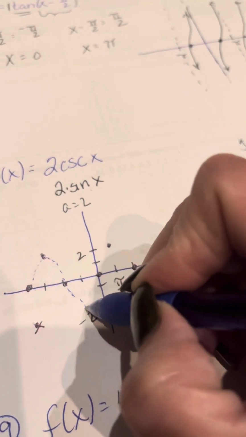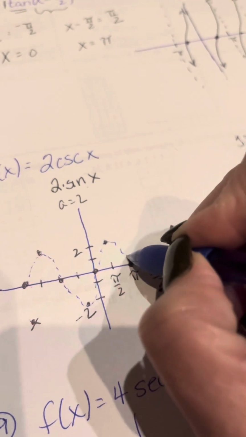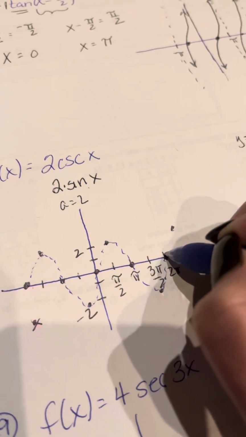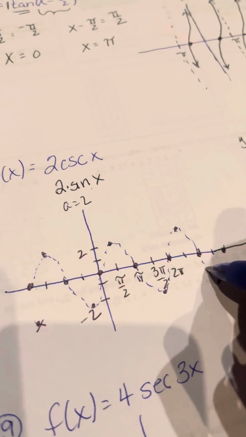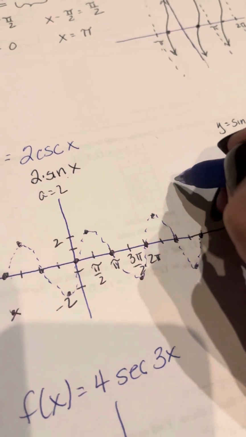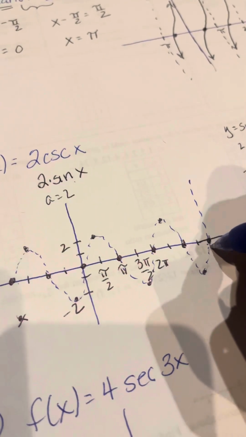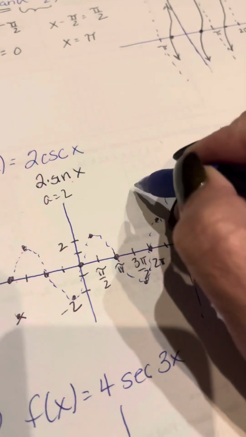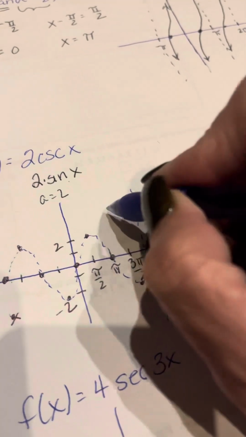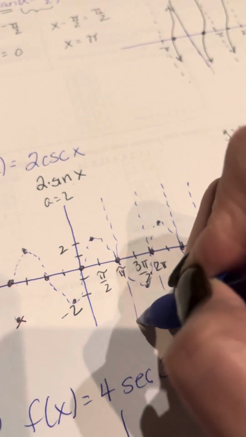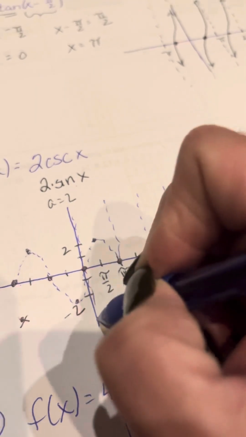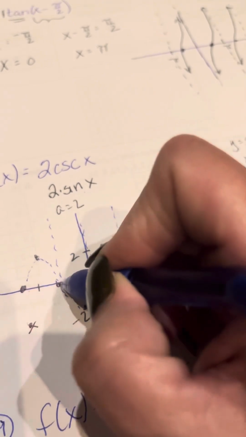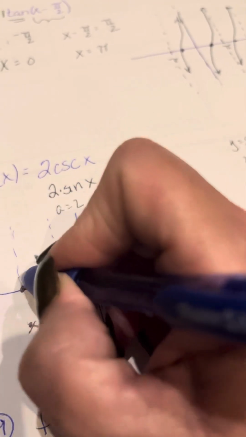are the maximums, the minimums, and the midline intercepts. In this case, the midline is the x-axis. So every time it crosses over the midline or the x-axis, we're going to have vertical asymptotes. Again, I'm doing 3 periods here. You only have to do 2.